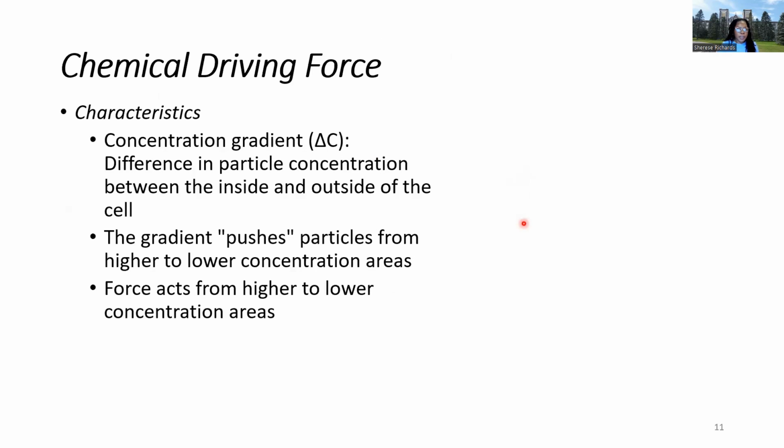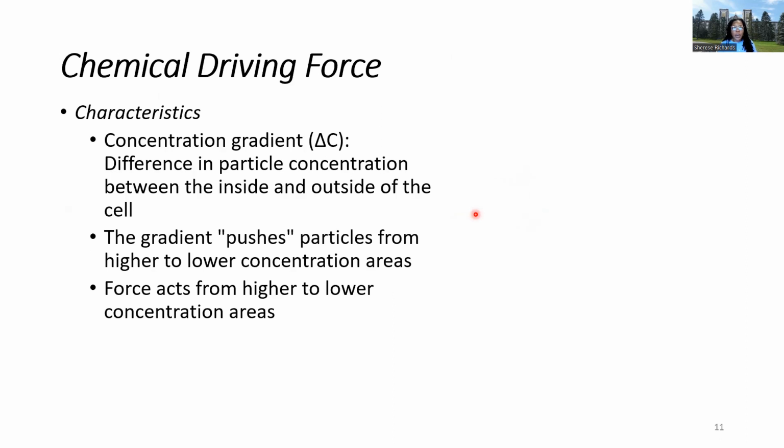All right, so let's begin by looking at the chemical driving force. The chemical driving force is based on the concentration gradient, which is the difference in particle concentration across the membrane. If we have more of one particle on the outside of the membrane and less of that particle on the inside, automatically we have a gradient, okay?